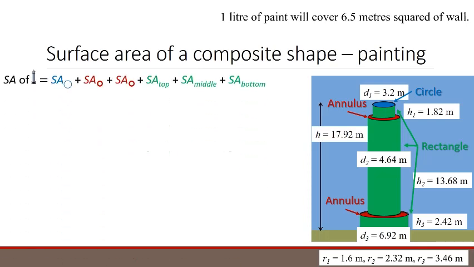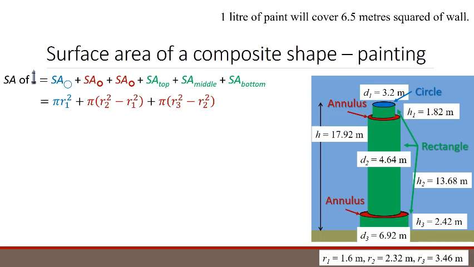And set it up so it's easy to follow. So I've done this with colours, matching the colours we're painting it. The area of the circle at the top, the surface area, plus the area of the annulus at the top, the annulus at the bottom, plus the 3 rectangles, the top, middle and bottom. The surface area of a circle is simply pi r squared, and the radius in this case is the very first one.